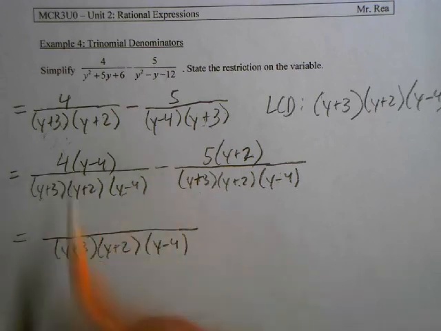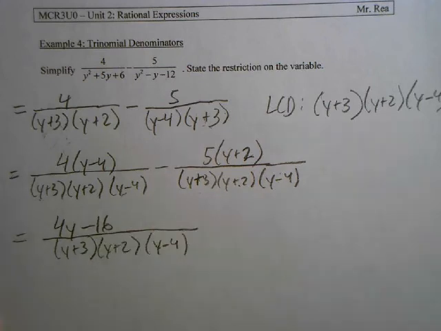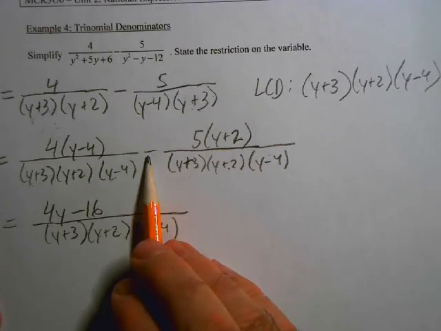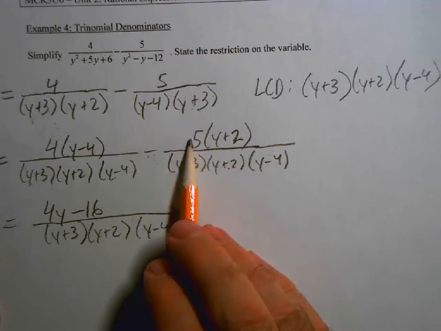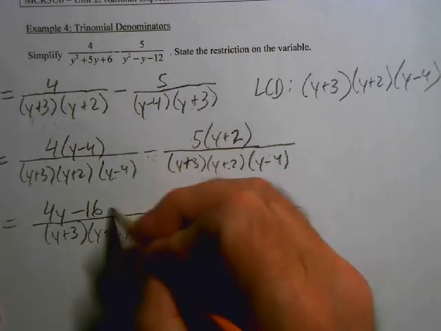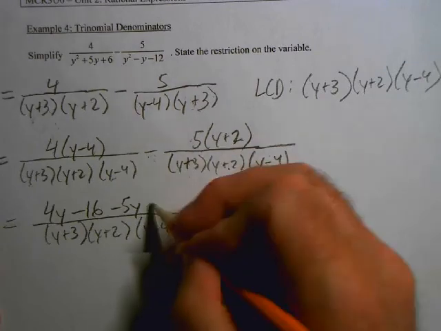So I have a 4 times y, so I have 4y, 4 times negative 4, negative 16. Now here, don't forget I got a negative sign. So what I like to do is just say, okay, I'll just think of this as a negative 5, and that'll give me what I should write here. So negative 5 times y, negative 5y, and negative 5 times 2 is negative 10.